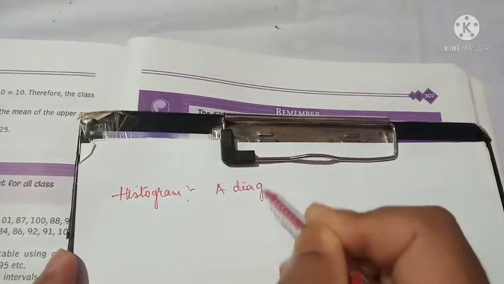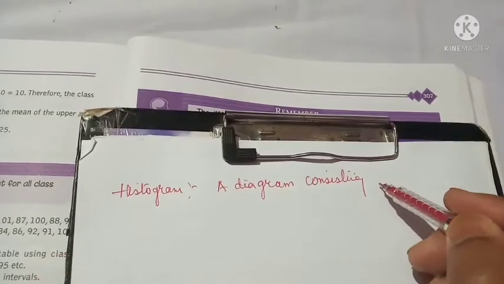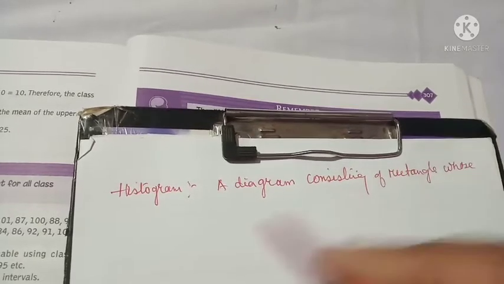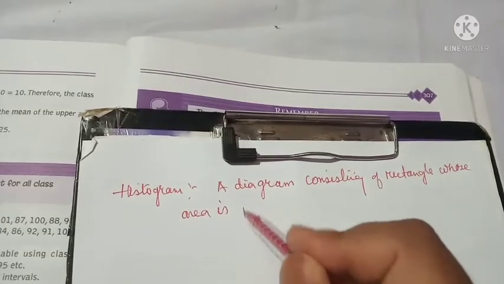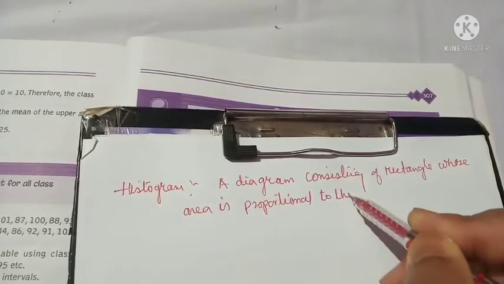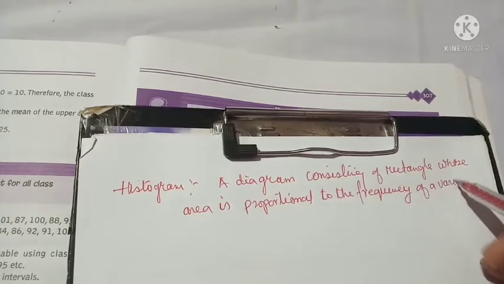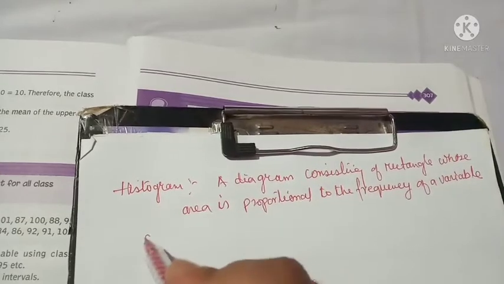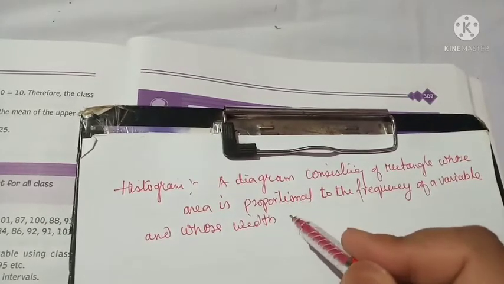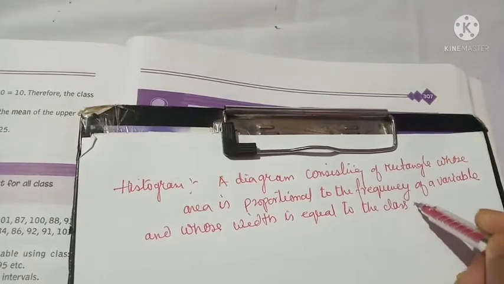Histogram is a diagram consisting of a rectangle whose area is proportional to the frequency of a variable and whose width is equal to the class interval.